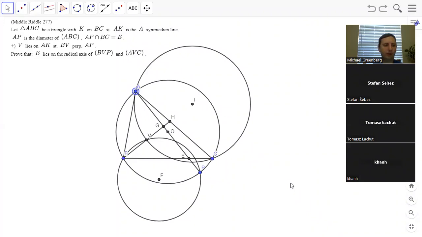And that might be kind of bashable, because OF, OB, FP is a kite.